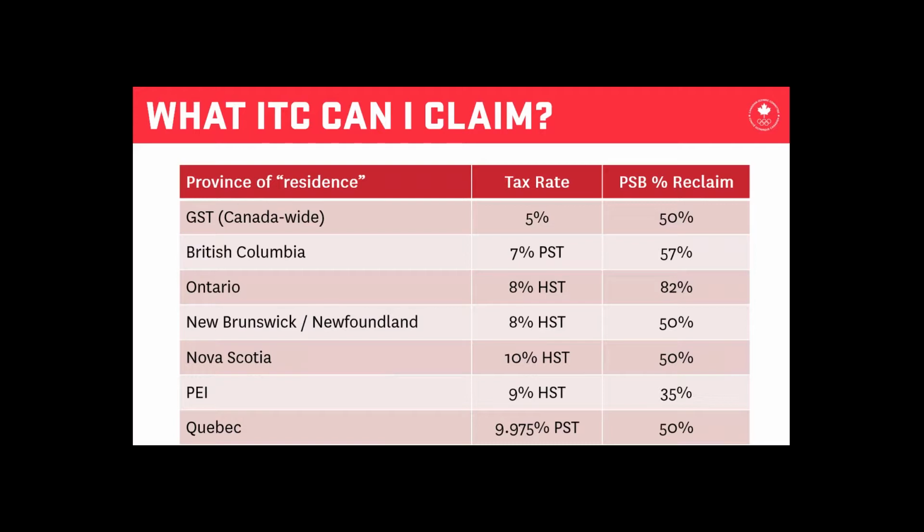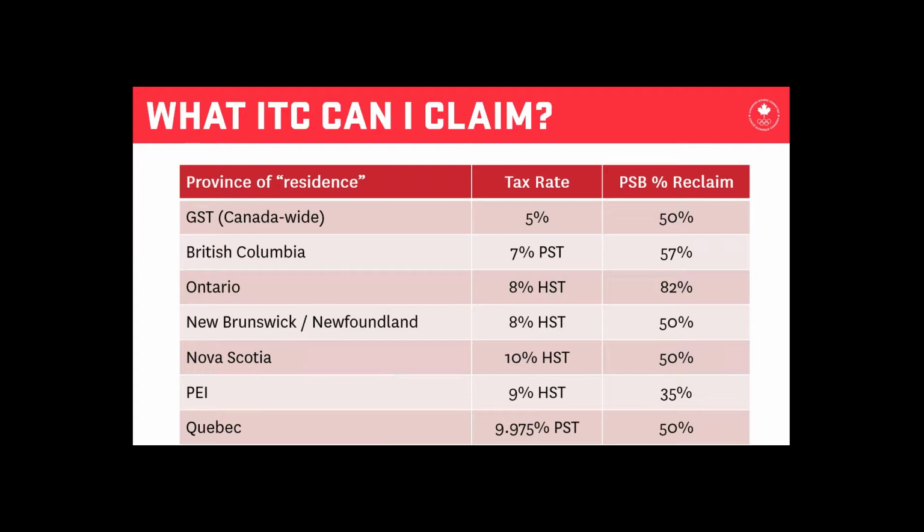Okay, what input tax credit can I claim? Depending on where you are in the country and where you are in CRA terms resident, you get to claim a different amount. Everywhere in Canada, you get to claim 50% of the 5% GST.